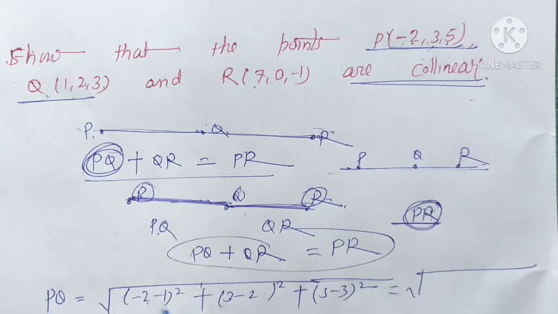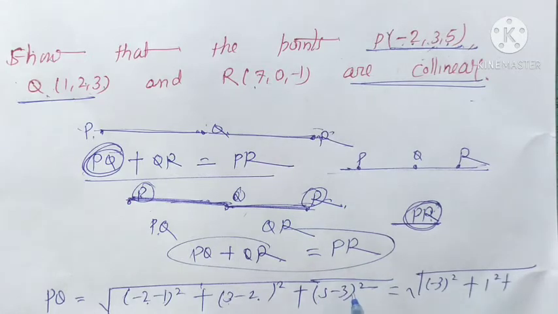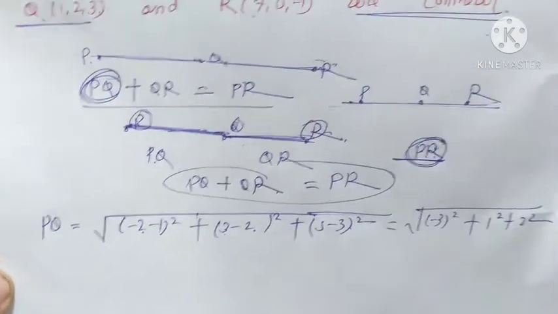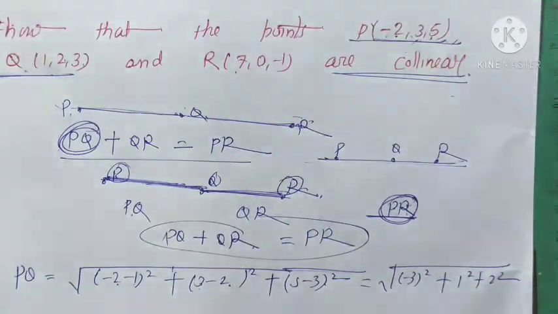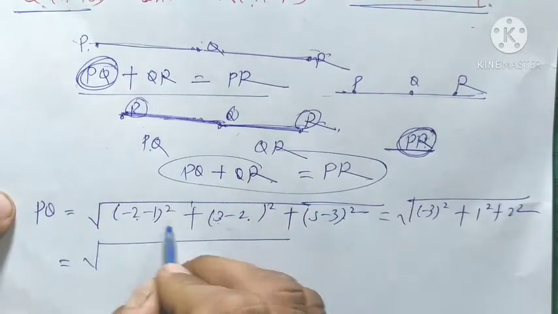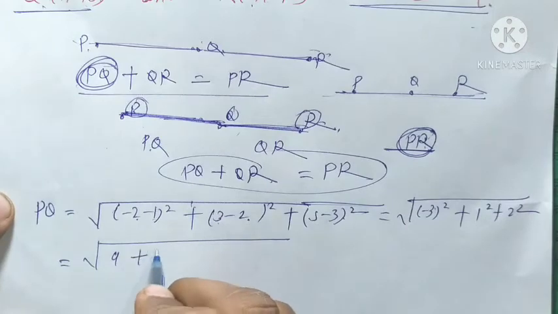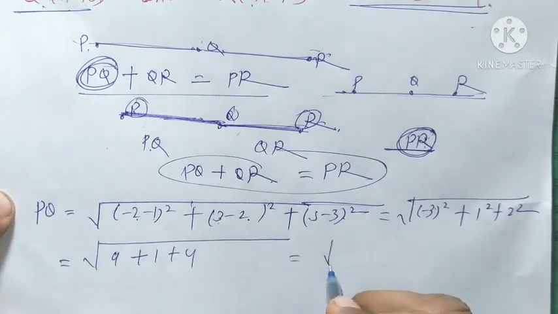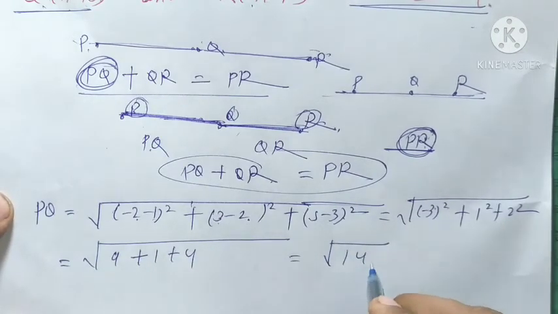So here minus 3 whole square plus 3 minus 2, 1 square, and 5 minus 3, 2 square. So 9 plus 1 plus 4, and finally 14.